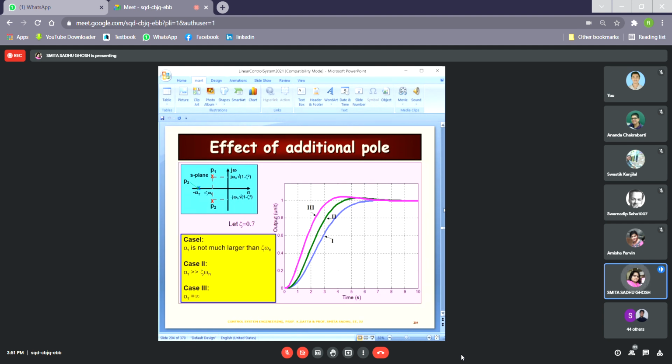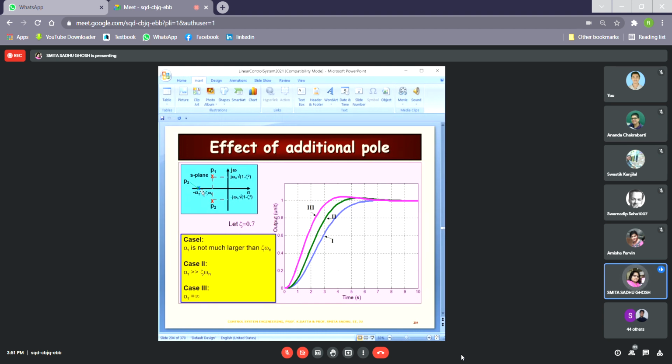A case may have arisen, which is not given on the slide, but tell me whether you can understand. Let us say the complex conjugate pole pair is here. Now let us say the complex conjugate pole pair is pushed far to the left-hand side, such that the real part of the complex conjugate pole pair becomes much larger compared to the alpha r value.